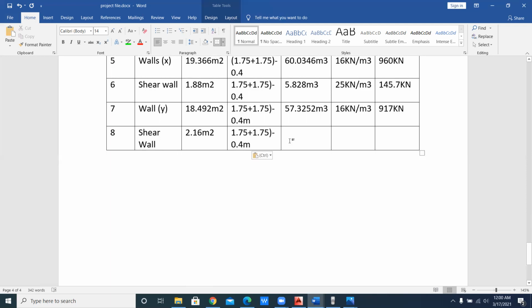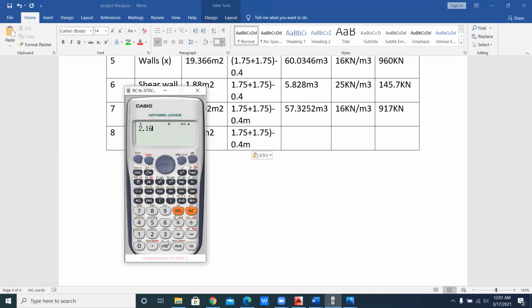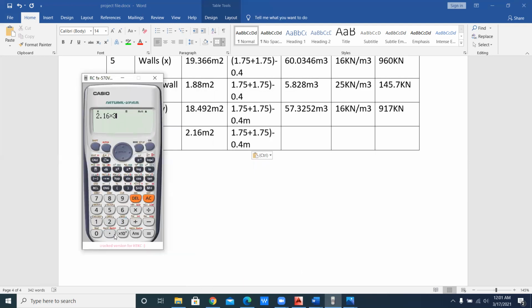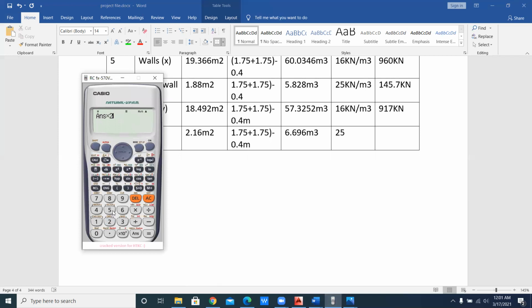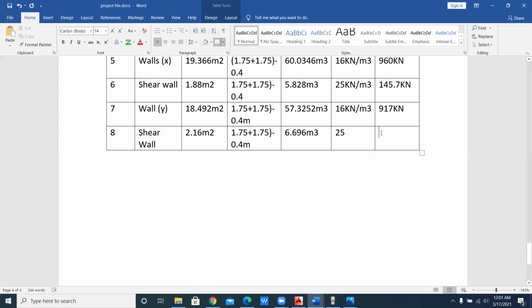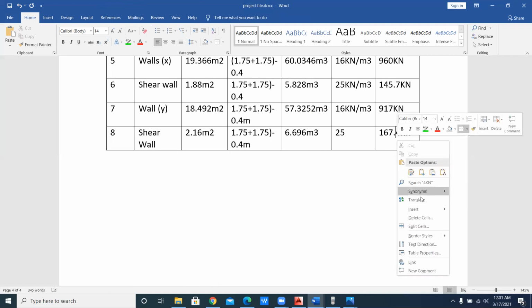So 2.16 multiplied by 3.1 is 6.696 meter cube, multiplied by 25, that is 167.4 kilonewton.